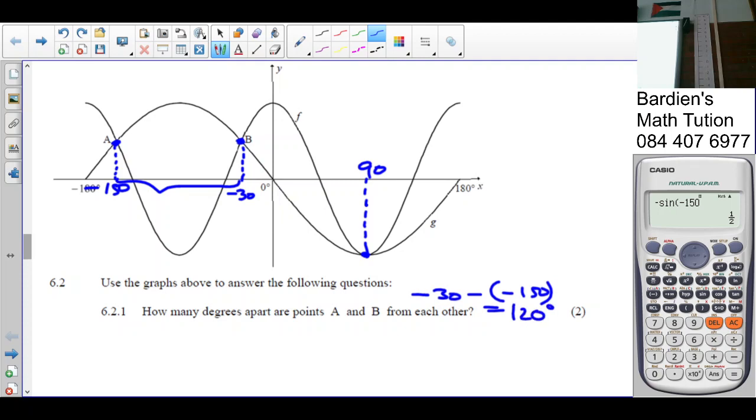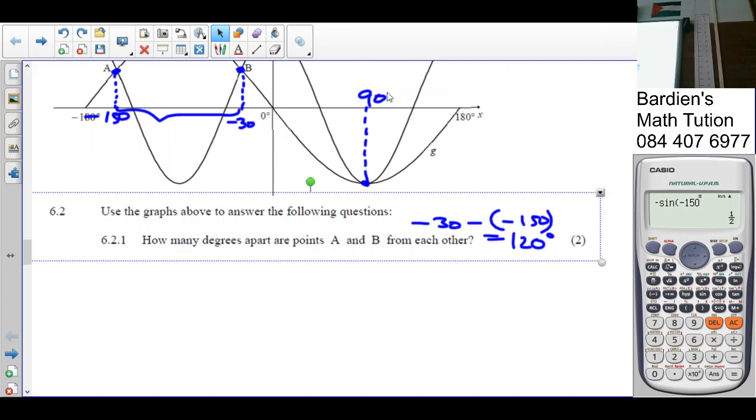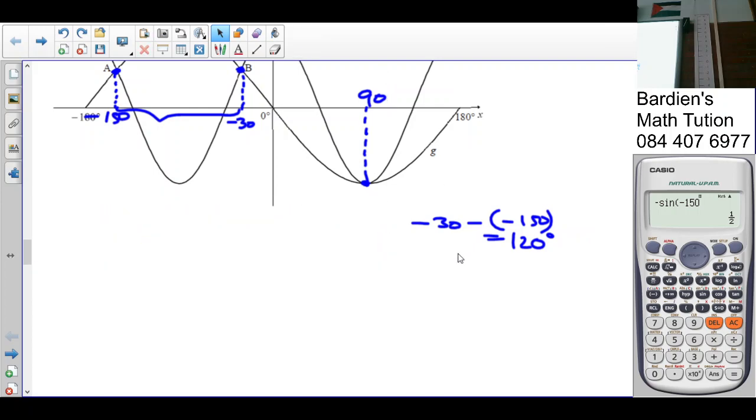So they are 120 degrees apart. I think that's fairly simple. No reason to labor that point. It's 120.